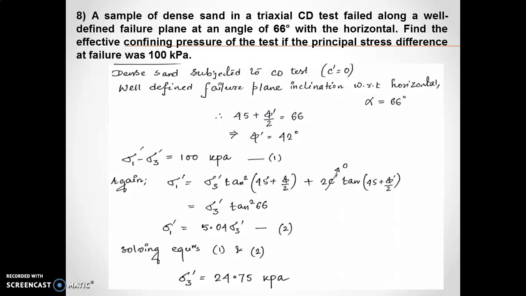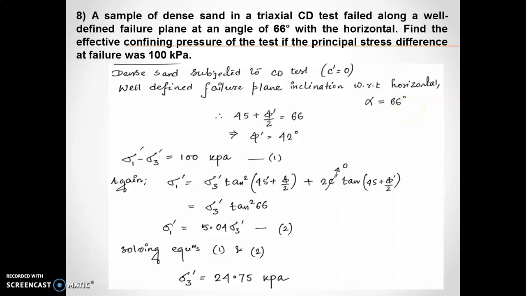Okay, next, why this is C dash: it is asked to find the effective confining pressure. Effective means always you have to use C dash, phi dash, sigma dash, like that. So now this C dash is equal to 0, because it is a dense sand, there is no cohesion, only friction. Next, well-defined failure plane inclination with respect to horizontal, that is alpha, equal to 66 degree.